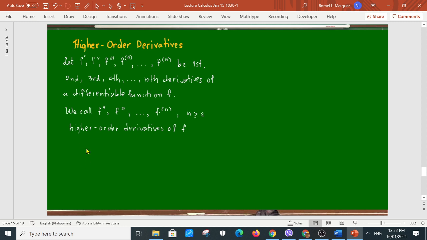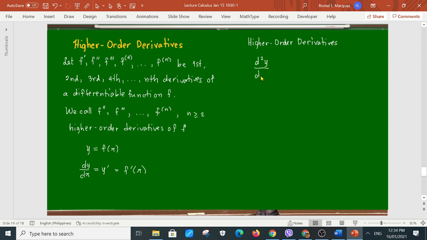So, for instance, given y equals f of x, if you get the derivative with respect to x of y, so that is y prime, that is f prime of x. Those are notations for derivative. So, for higher order derivatives, we have the second derivative. That is how we write it.